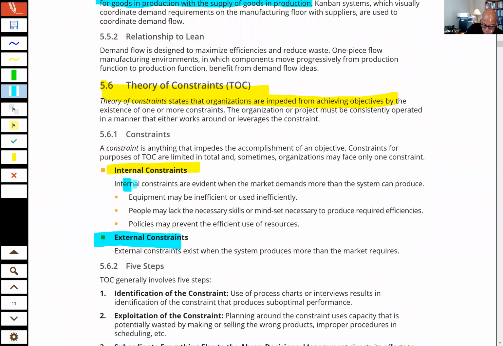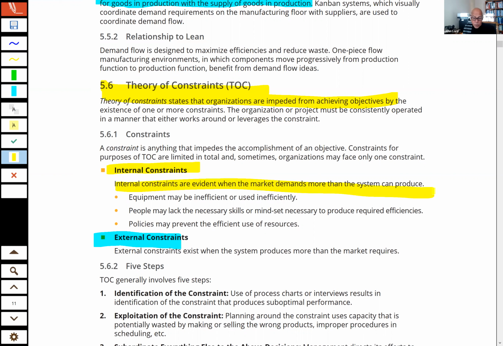Now, internal constraints are evident when the market demands more than the system can produce. Oh, I see. So there's an opportunity out there is what they're trying to say. That's a funny way of putting that, but now I understand what they're saying.